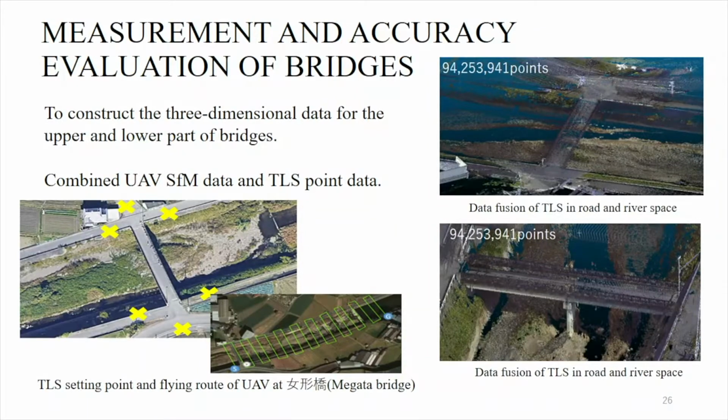So in order to construct the 3D data for the upper and lower parts of a bridge, and this part is talking about the bridge. After we surveyed the Megata Bridge in Kishiwada City in Japan, we combined UAV SFM data and TLS point data.